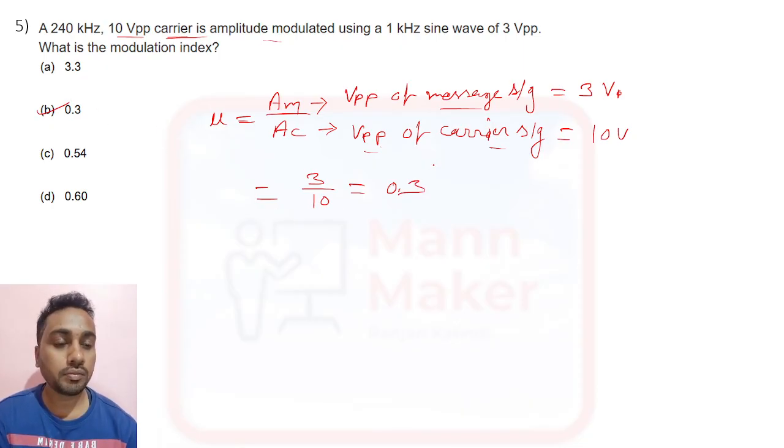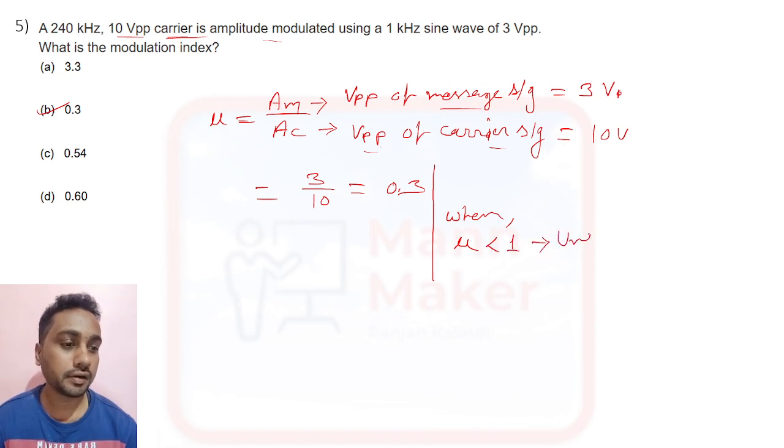Okay. Now one more thing you should remember here. They will ask some question like this. When mu, the modulation index, is less than 1, then it is called under modulation.